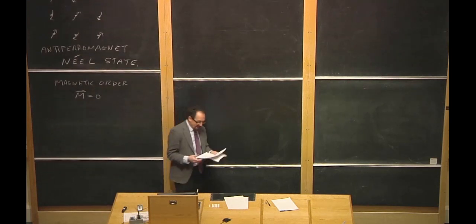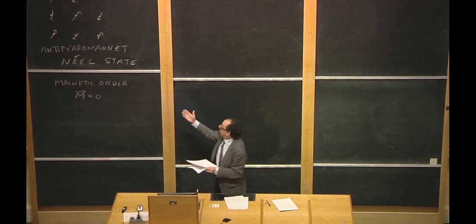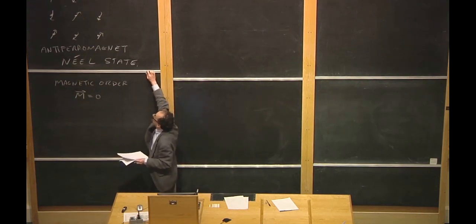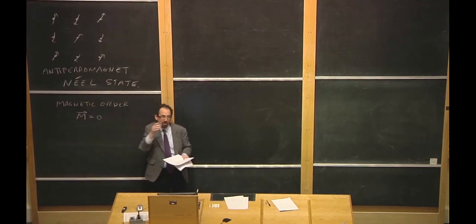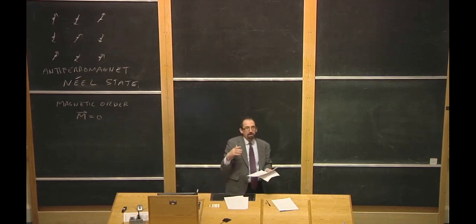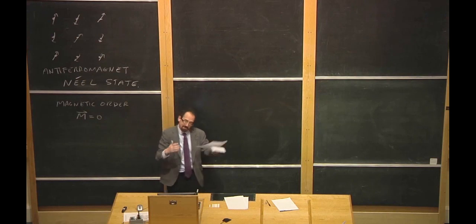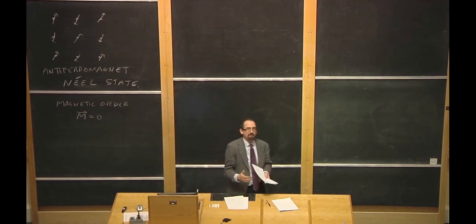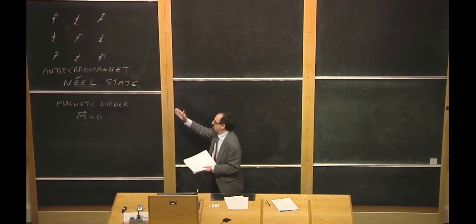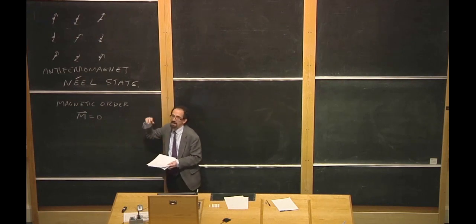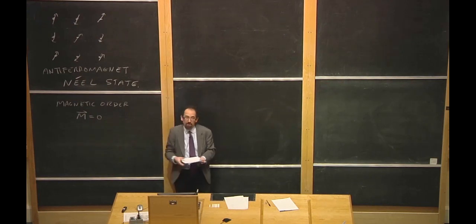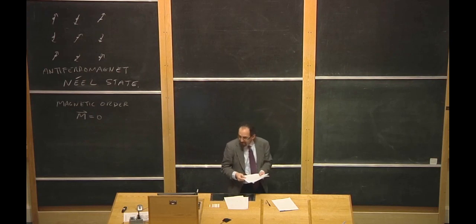So how is it that Louis Néel knew that this sort of situation could occur? Well, on one of the homework assignments, the last homework assignment, you're meant to calculate the magnetic susceptibility of a state like this, and there's actually some signature in the magnetic susceptibility that you can look for, which was the thing that Néel was looking at, and what made him realize that these antiferromagnetic states actually exist.